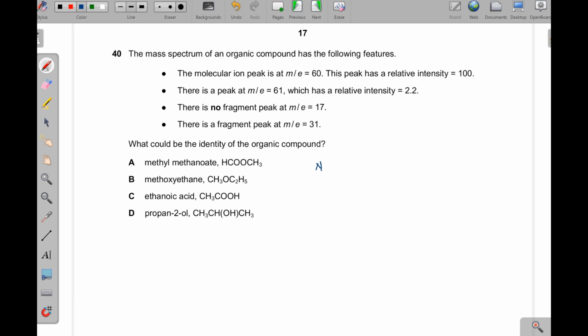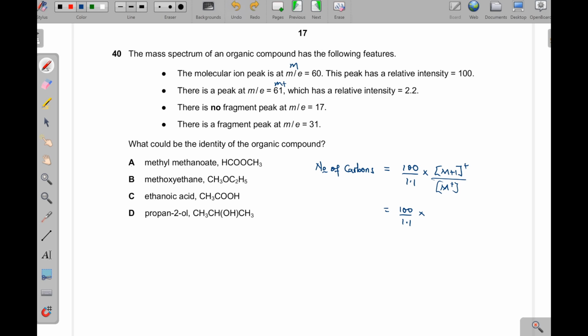So the number of carbons is going to be equal to 100 divided by 1.1, times the relative abundance of the M plus 1 peak, divided by the relative abundance of the M peak. If the molecular ion peak is at 60, then this one is at 61. So 61 is the same as, if this one is M, then this one will be M plus 1.